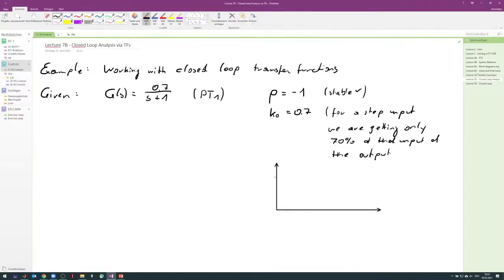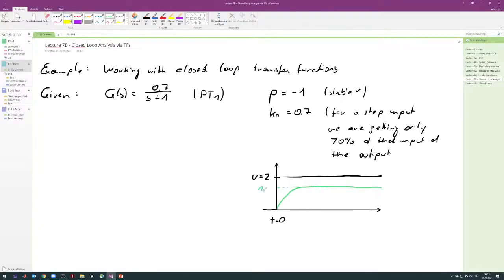If you do a step input, and let's say it's 2 for the sake of not always doing a unit step input. So if this is your input and it jumps up to 2 at t equals 0, we might get an answer which is PT1, but we're only getting 70%, right?